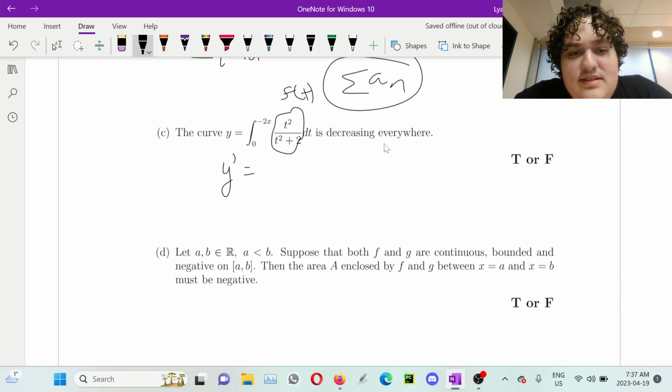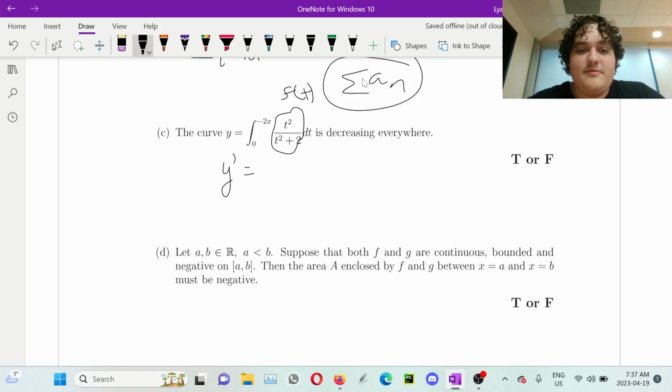However, we know that t squared over t squared plus 2 is continuous over R, because the denominator is always going to be a positive real number, because t squared is 0 or more, and t squared on top is also a real number. So we're fine. So therefore we can use chain rule and fundamental theorem of calculus 2.